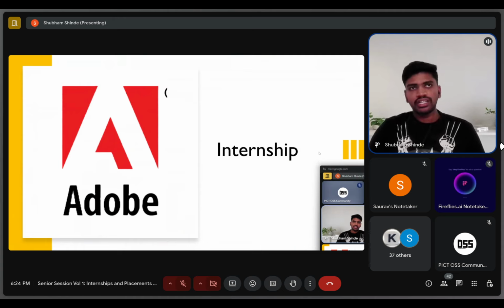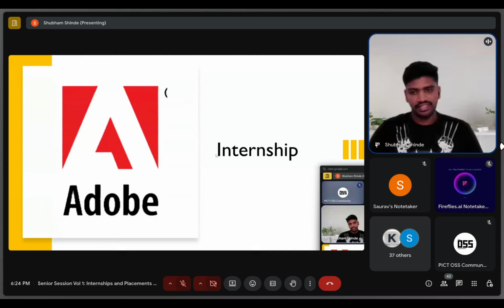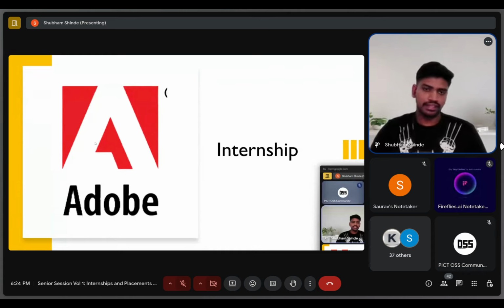I joined the internship in June, and it lasted around 10 weeks. On day one, the manager said that he is not interested in internship formalities. Just take this repo and build this feature, and he hadn't assigned me any mentor.